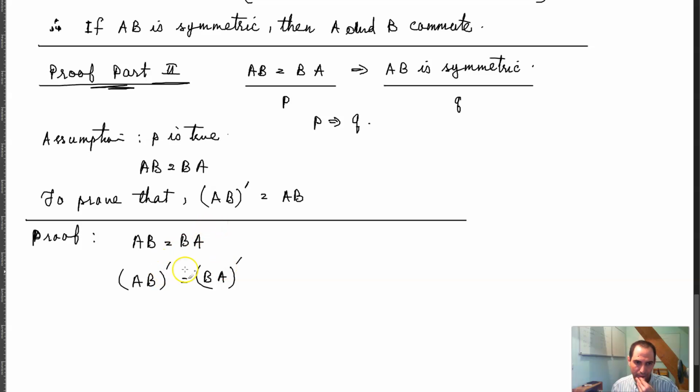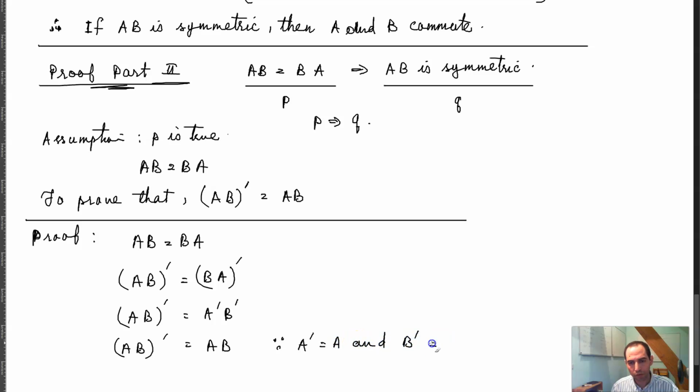And so I write this as AB whole transpose is equal to A transpose B transpose, and you know that A transpose is equal to A and B transpose is equal to B. So this is equal to A times B, meaning that AB whole transpose is equal to AB, because in the beginning we said that A and B are symmetric matrices.